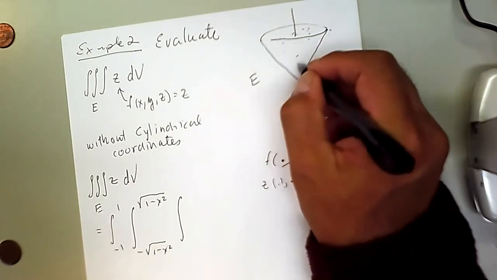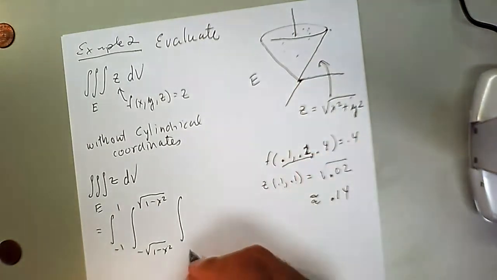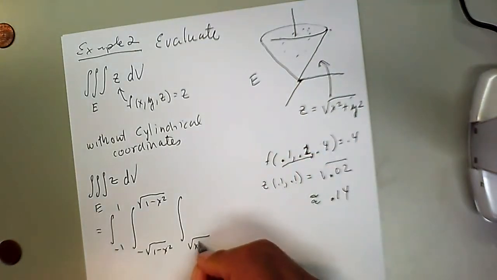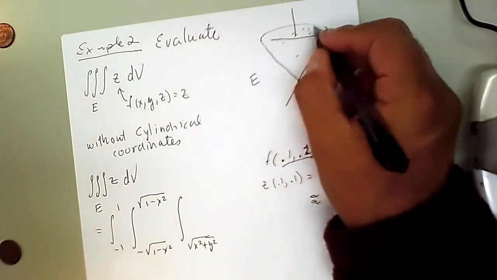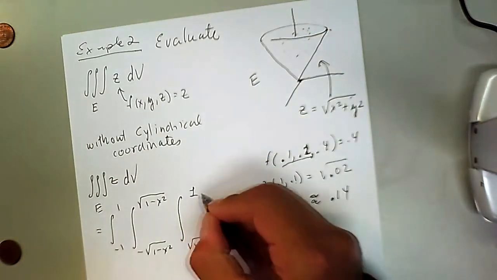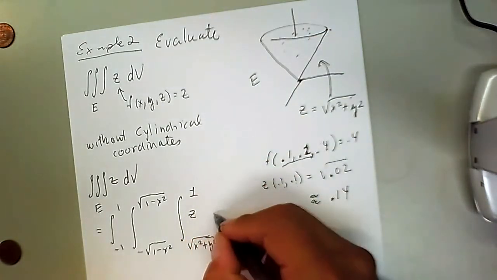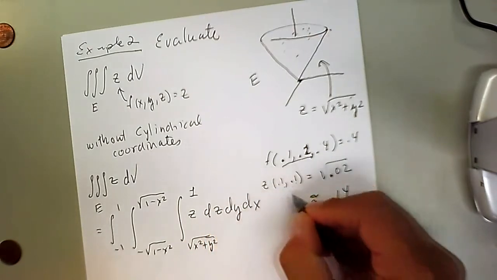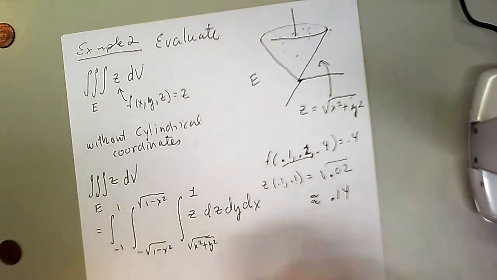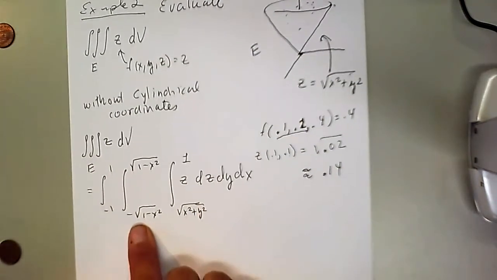So the lowest z inside of the cone is going to be the square root of x squared plus y squared. And the upmost z we're going to encounter in this cone will be 1. We're going to integrate z with respect to z, with respect to y, and with respect to x.